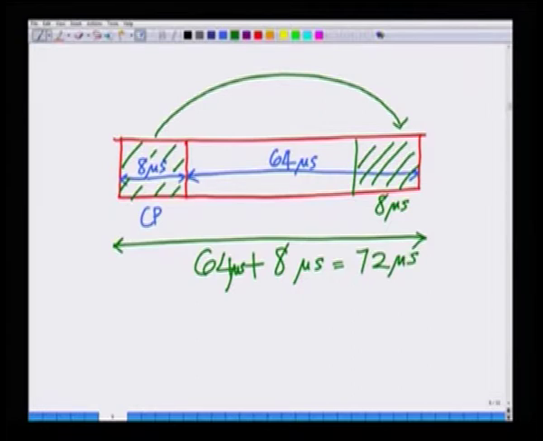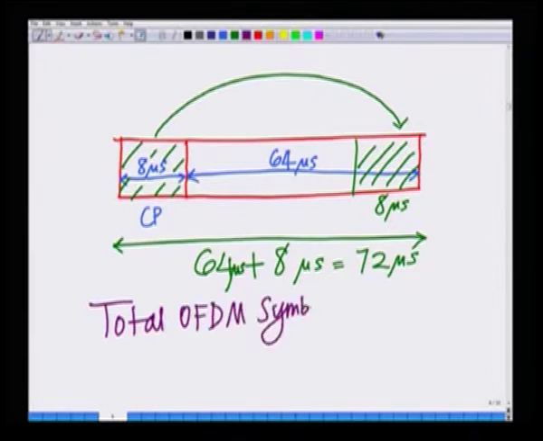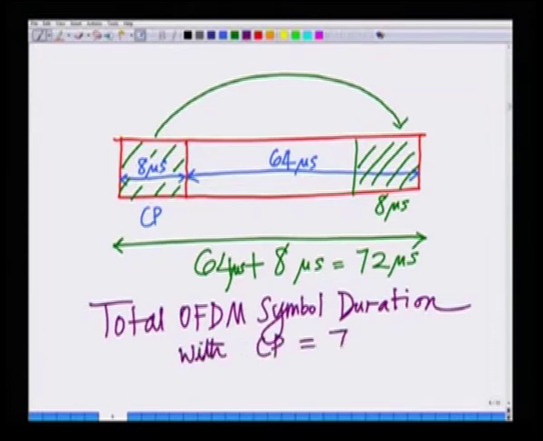Hence, the total OFDM symbol duration with cyclic prefix is now 72 microseconds.